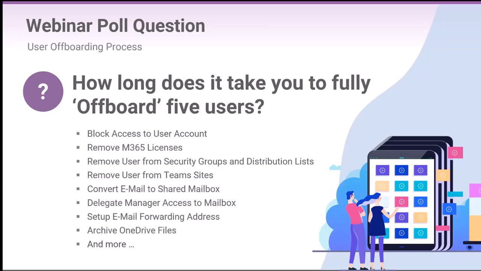You have to block their account. Look at all the tasks involved. There's probably more. You have to archive their OneDrive files so they don't stay out on OneDrive and become orphans. You have to set up their mailbox as a shared mailbox, take their licenses away, remove them from all the different groups on both sides. How long does it take you to do all of this stuff?